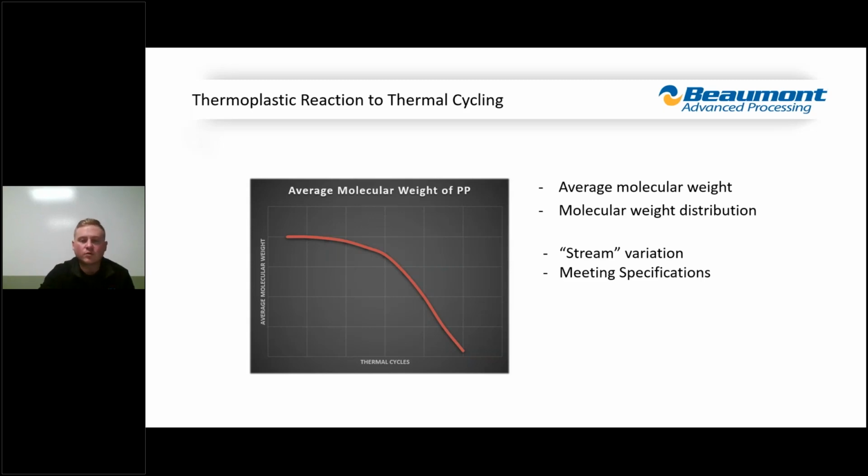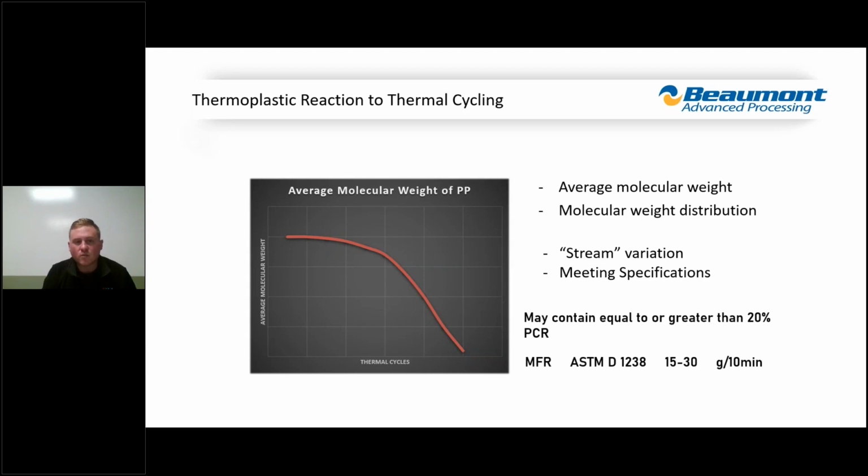I have two examples of notes listed on a data sheet for a PCR material that are pretty important to understand. The first note: may contain equal to or greater than 20% PCR. So that's essentially saying 20 to 100% of the material could be PCR. So they can use as much PCR as necessary along with their virgin material to stay within their specifications.